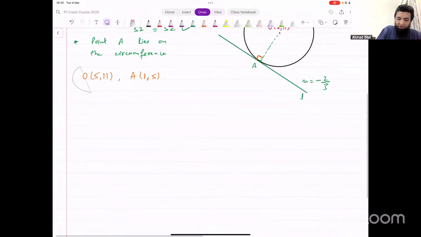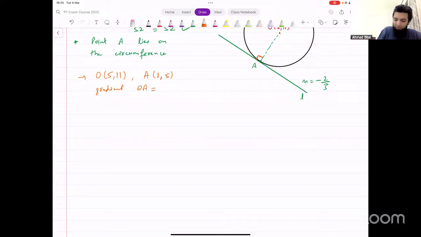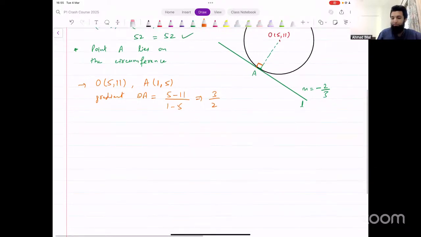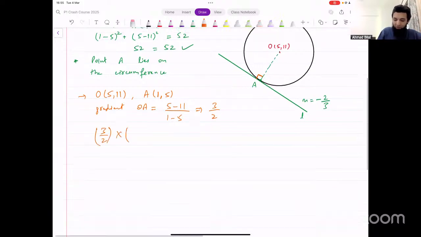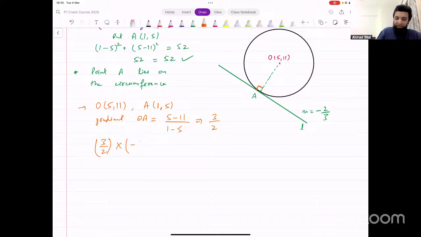The second thing that we can do now is find the gradient of OA. Gradient of OA, what's that? That's 5 minus 11 divided by 1 minus 5, which is minus 6 over minus 4. That's 3 over 2. Now you can say 3 over 2 times the gradient of line L, minus 2 over 3, equals minus 1.